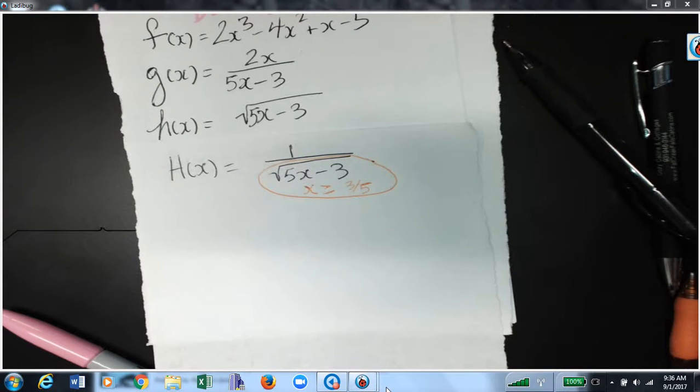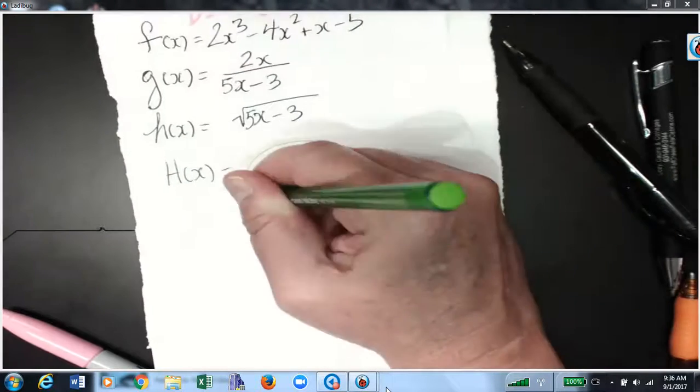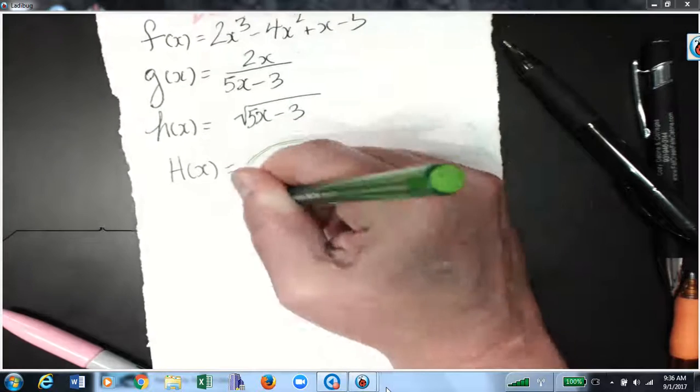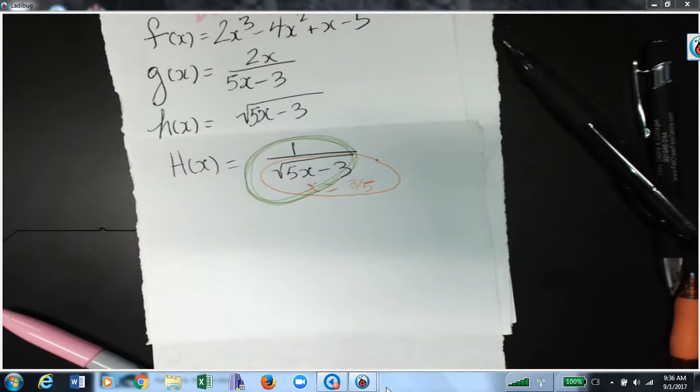But now, if I consider the restriction of the fraction, let's see if that'll show up. So if I ignore the square root and I look at this as a fraction, we are not allowed to have the denominator equal to 0.